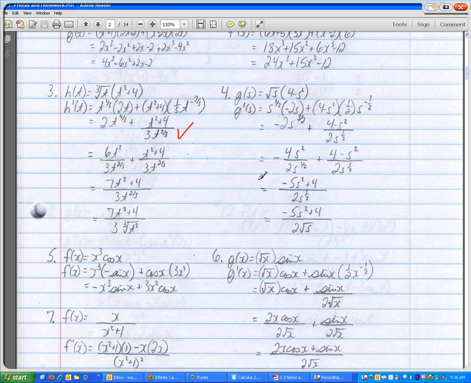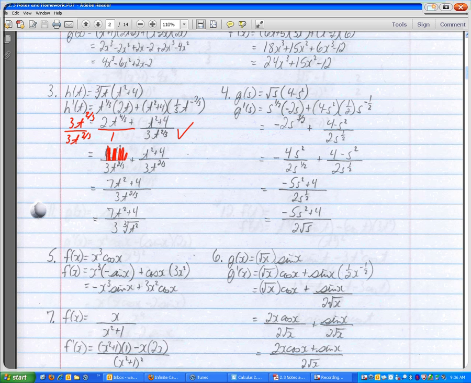And here's the thought process I'm going through. All right, I've got 3t to the 2/3 as my denominator. So that means I need for the denominator of the other term to also be 3t to the 2/3. So look, if it starts with the denominator of 1 and it becomes a denominator of 3t to the 2/3, didn't I multiply by 3t to the 2/3 over 3t to the 2/3?